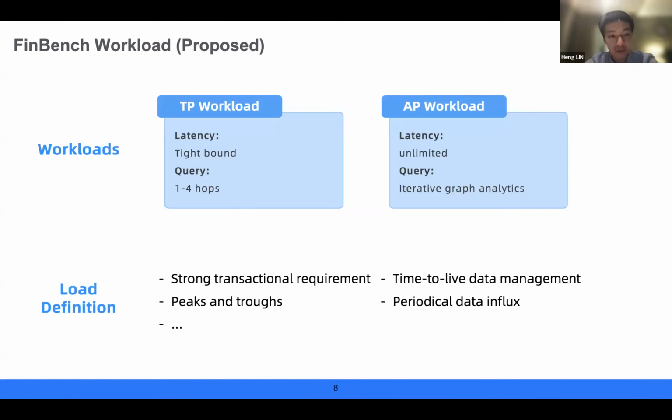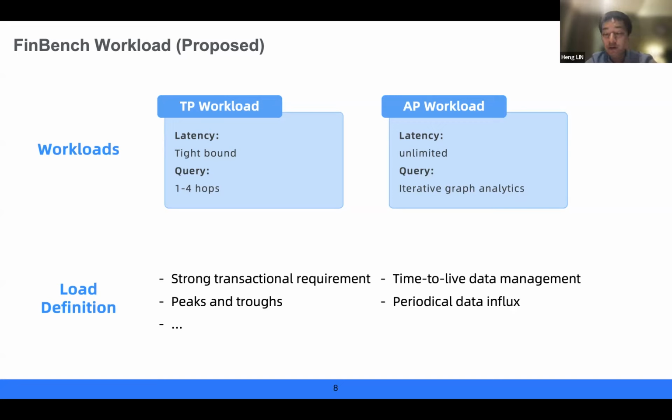In the workloads, we have TP workloads. It's tightly bound, as I just said, to 20 milliseconds, and the queries are something like the interactive workload in SNB, with 1 to 4 hops.